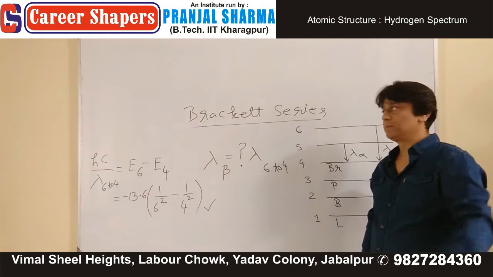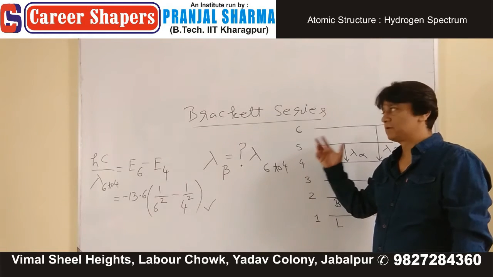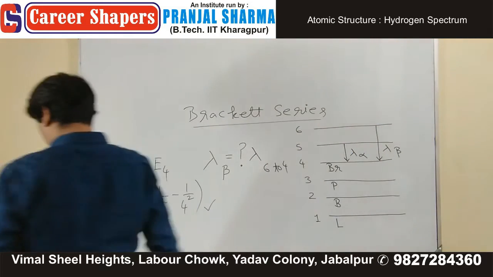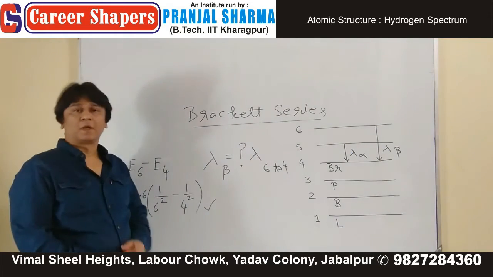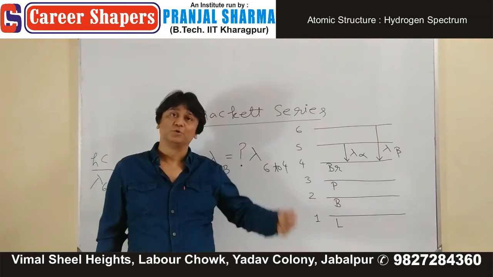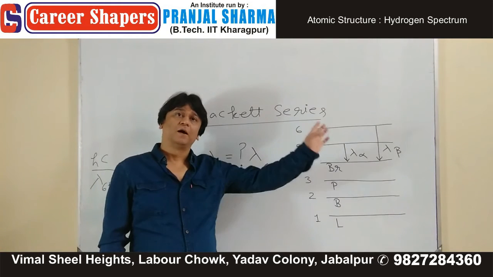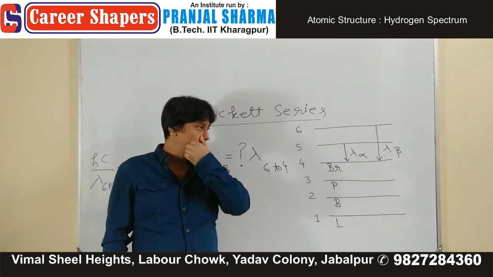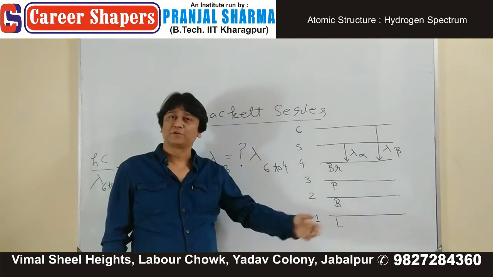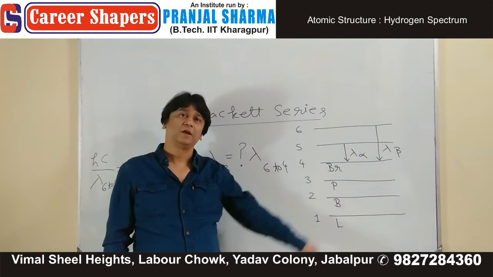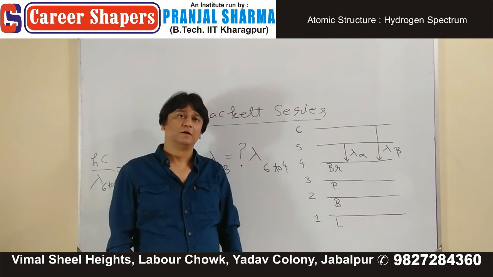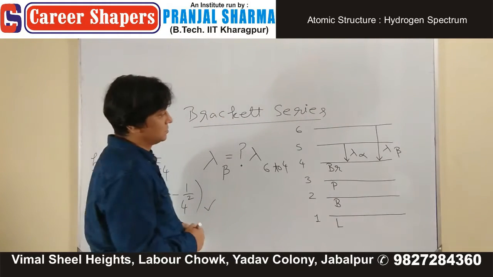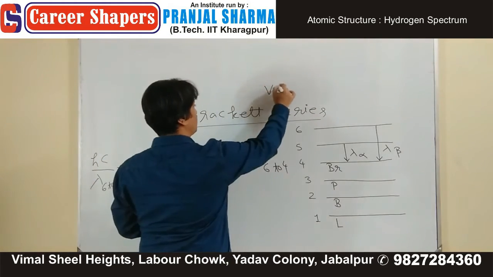Answer fast. I said that the energy of the Brackett series will be greater than the infrared. So is it correct to say that energy will be greater than the infrared? And I hope anybody is saying no, because this is your spectrum.